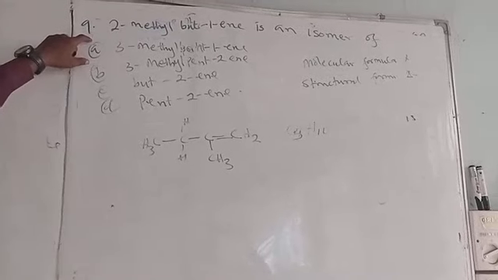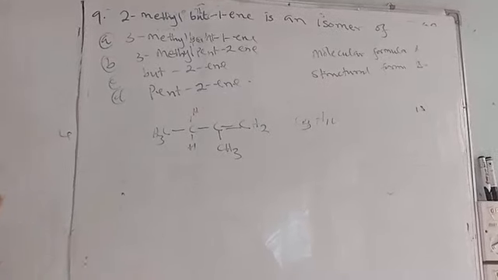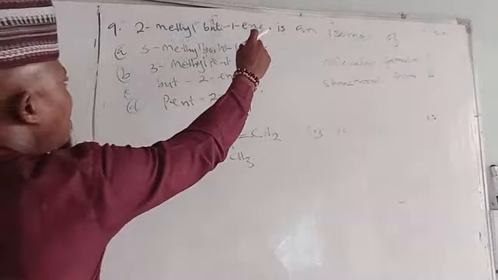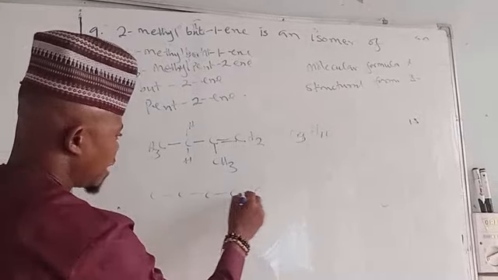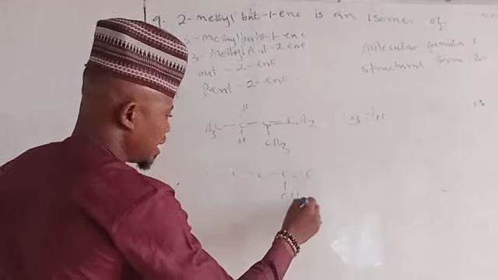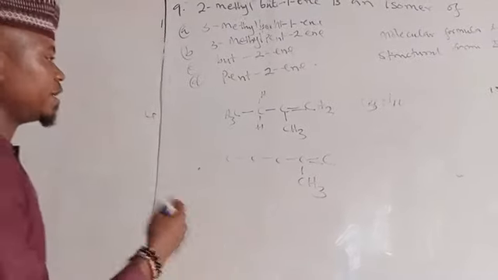Now let's check. First of all, any one that does not have 5 carbon, we will leave it. It means it does not have the same formula. 3-methyl-pent-1-ene. 1, 2, 3, 4, 5. These are pent-1. It has a methyl. CH3 will be here. Let's count the carbon. 1, 2, 3, 4, 5, 6. It's not there. But okay, let's finish it.